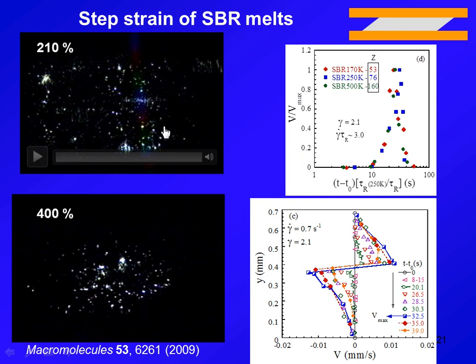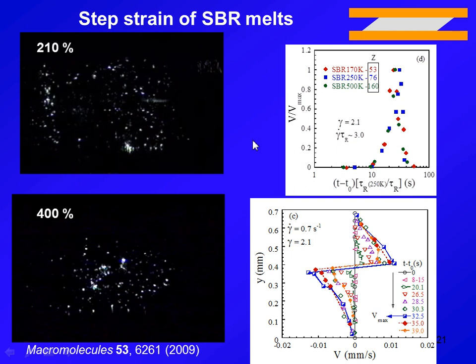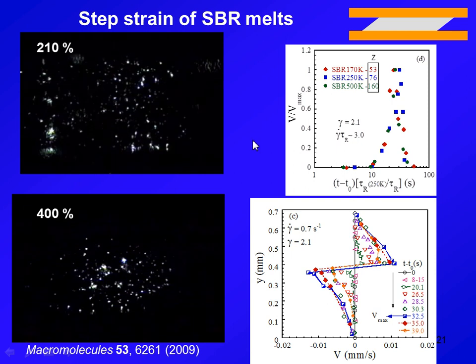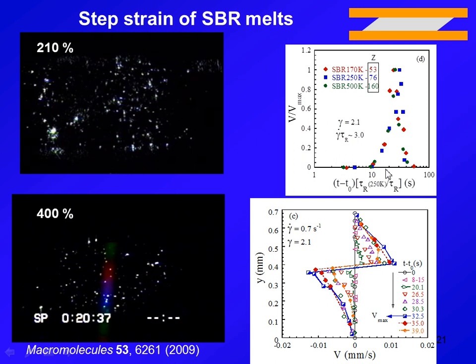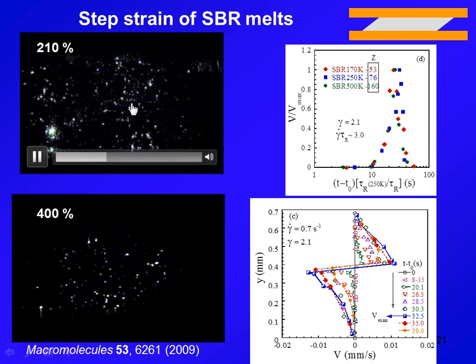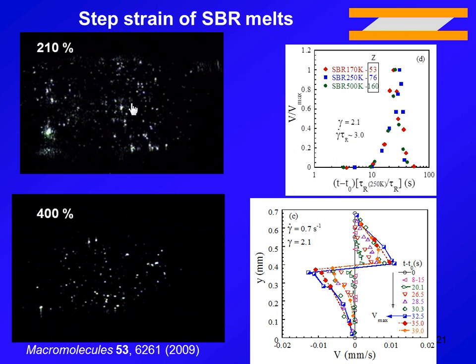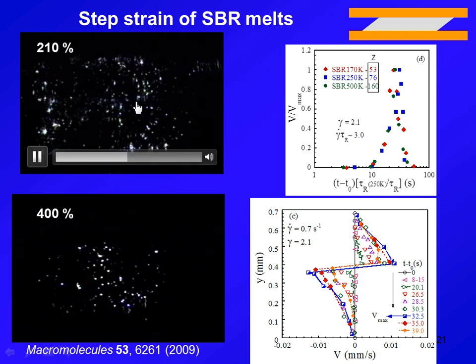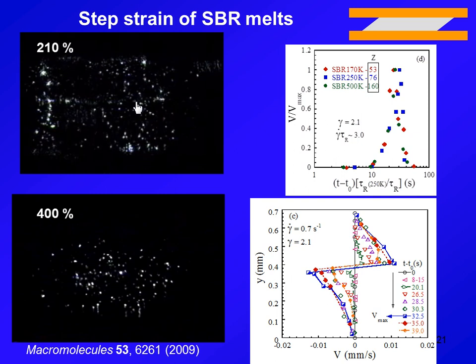If you step strain to just 200%, so make a stepwise step strain of 200%, it turns out the system struggles for up to 20 seconds. Prior to that, the sample relaxation was quiescent, and then you can see it internally breaks apart in absence of any further external deformation.